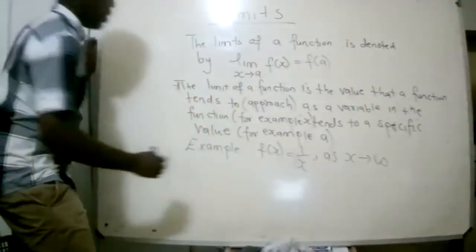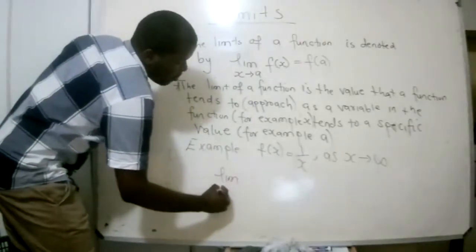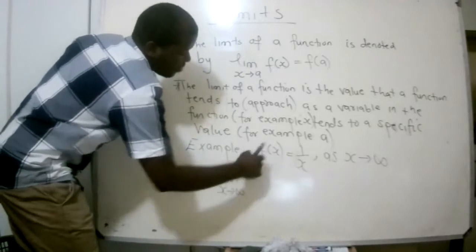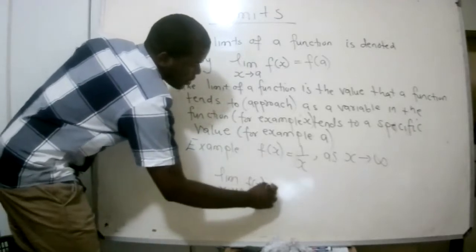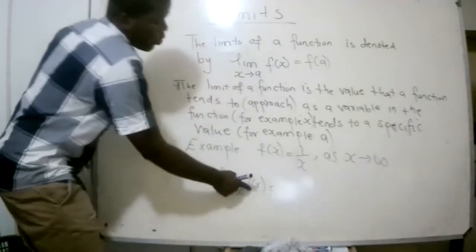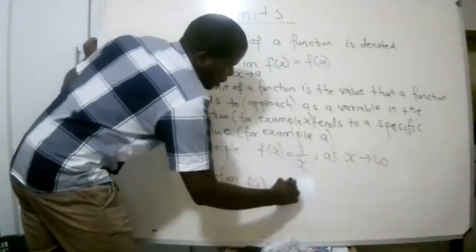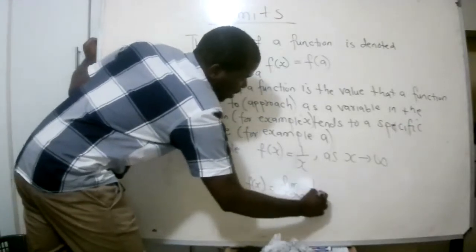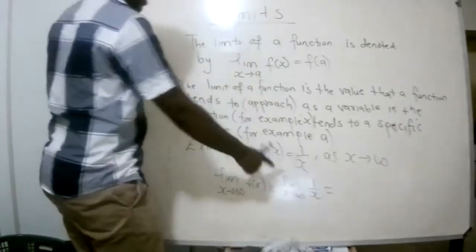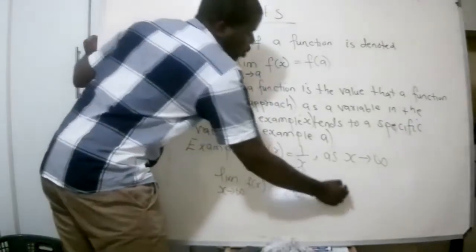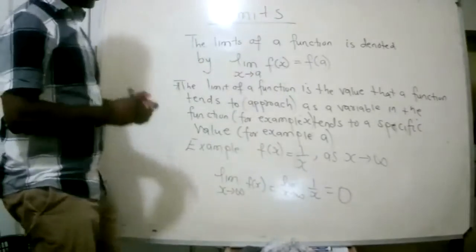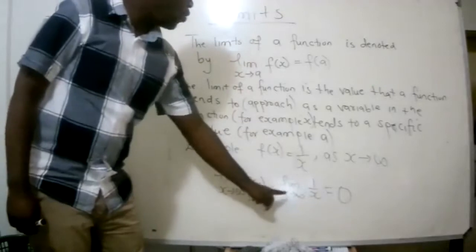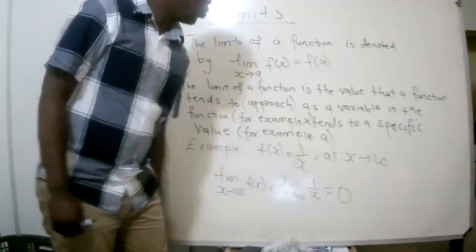So the limit of function f when x tends to infinity, where f is 1 over x, means we replace f by 1 over x, and we have the limit as x tends to infinity of 1 over x. The limit as x tends to infinity is going to be 0. Now the question is how are we going to get this 0? That's what I'm going to explain.